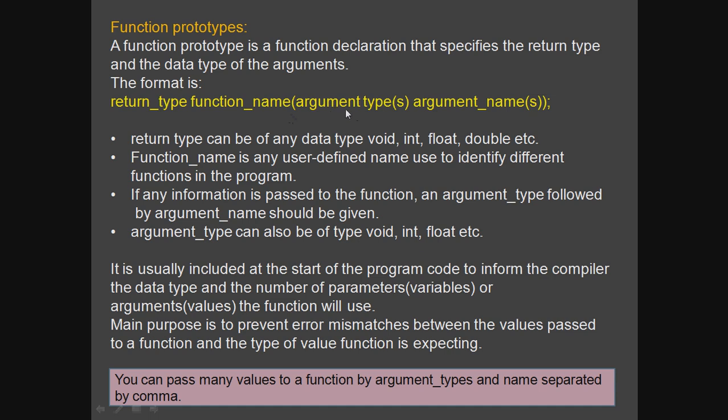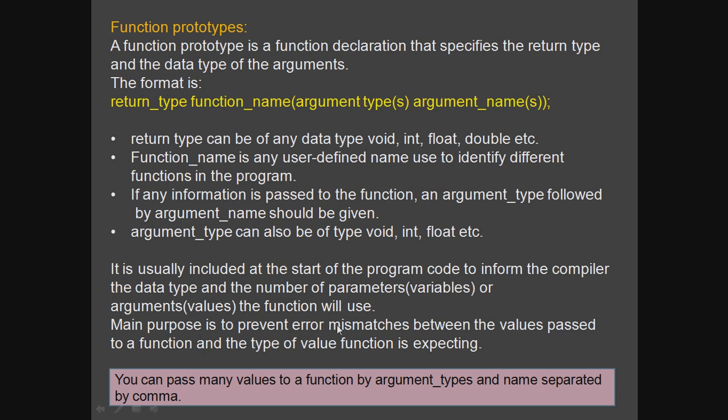So suppose the type of this parameter is integer, so int a, that means a will store the value 10. But when this value is returned back from the function, if the return type of this function is float, then you will get the output not as 10 but as 10.0, because the return type has higher priority over the parameter type. Clear? So it is to prevent error mismatch between the values passed to a function and the type of value the function is expecting.